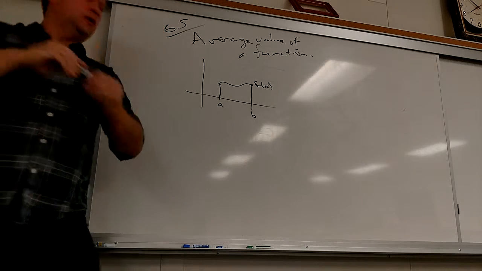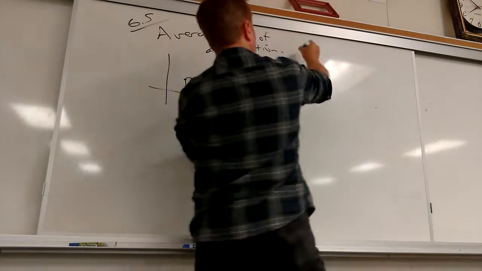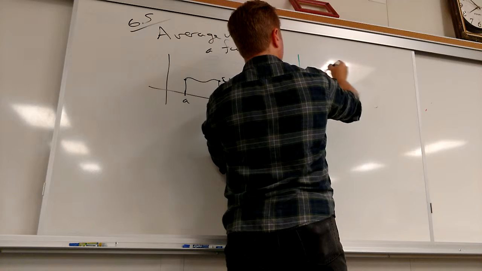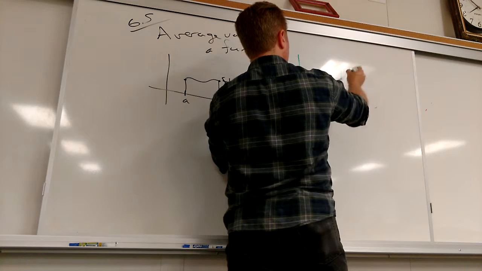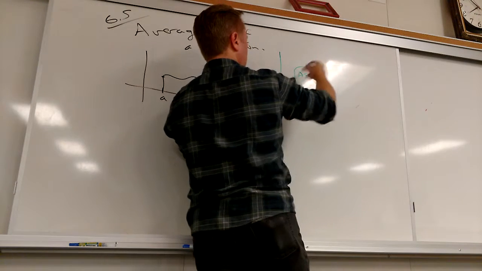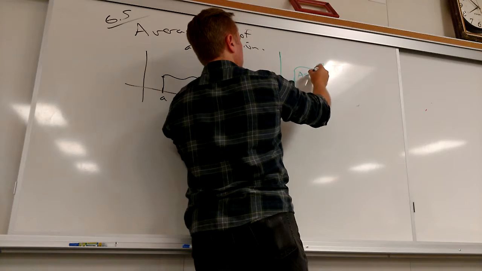So let me ask you this. Let me give you a more specific situation. Say this is 2 to 7. And let me tell you that the area of this piece is what, Jeff? It's 15.